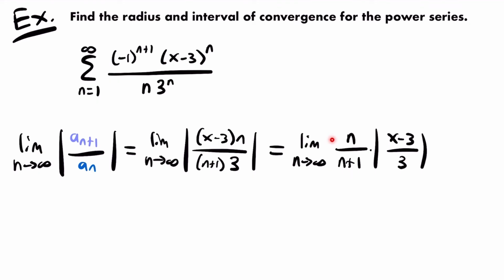Okay, and so for this limit, what happens to this expression as n approaches infinity? Well, notice that we have a rational expression, and both the numerator and denominator are algebraic parts, and the highest power of n in the numerator and denominator is the same, right? We have n to the first power and n to the first power. That is the highest power of n in both the numerator and denominator.